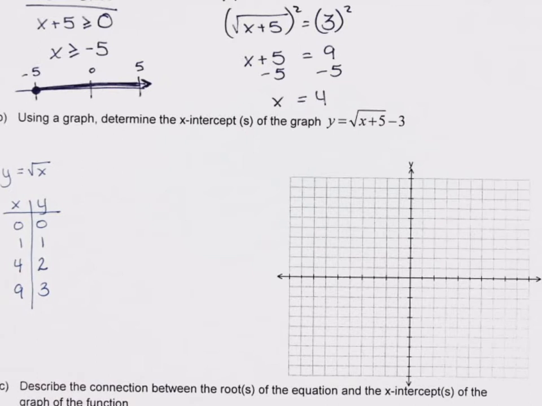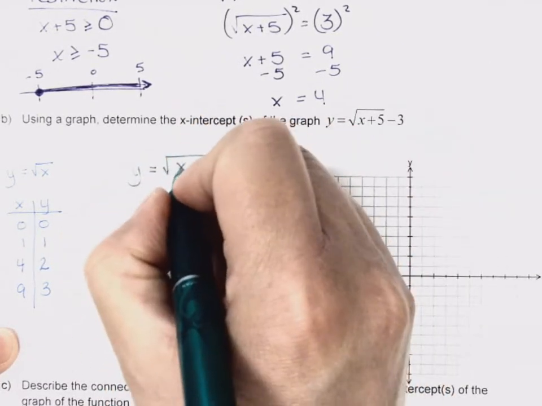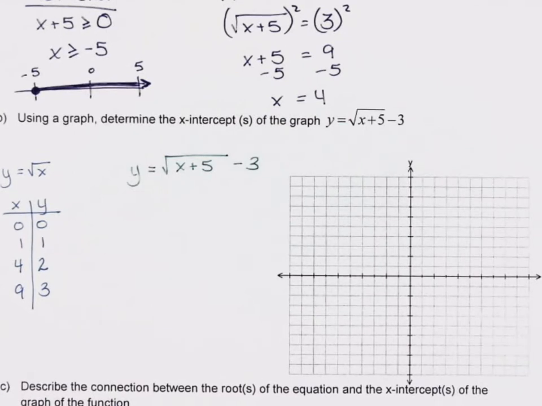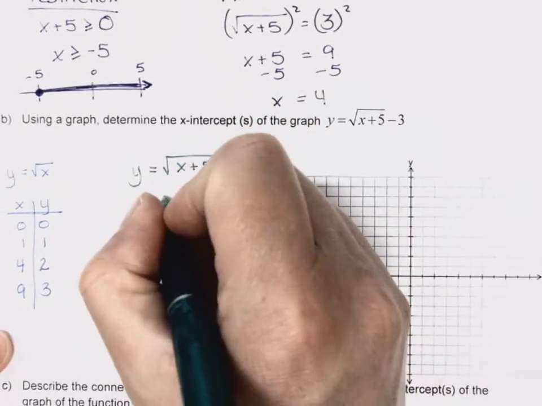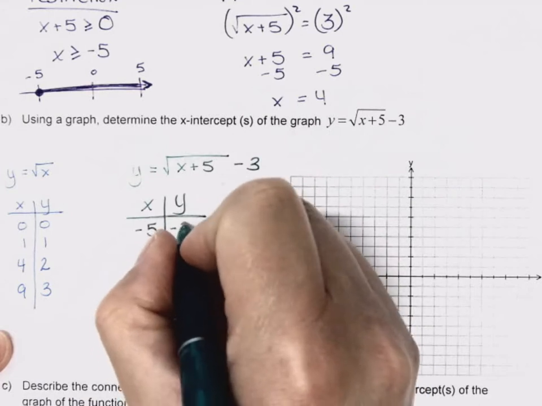Okay, what is our transformed graph? y equals root of x plus 5, minus 3. And you guys told me that means I'm going 5 left, so I'm subtracting 5, and I'm subtracting 3 from the y's. So (-5, -3).